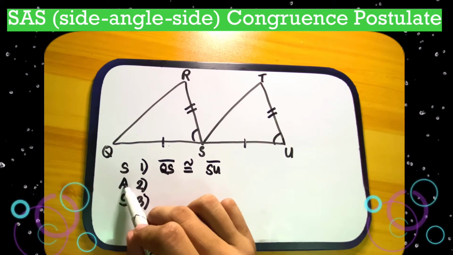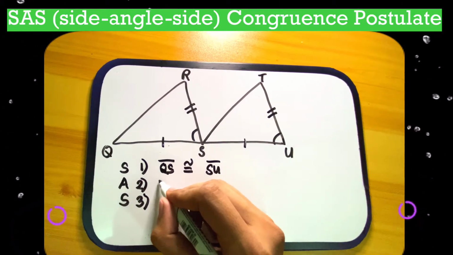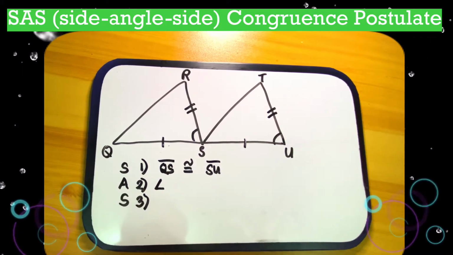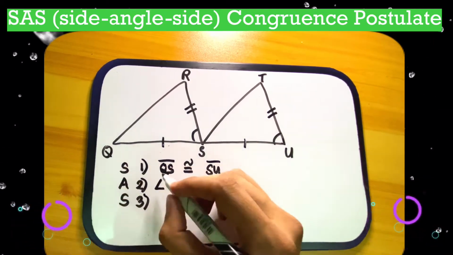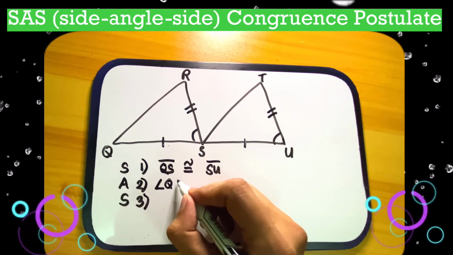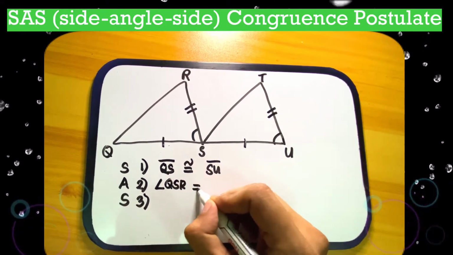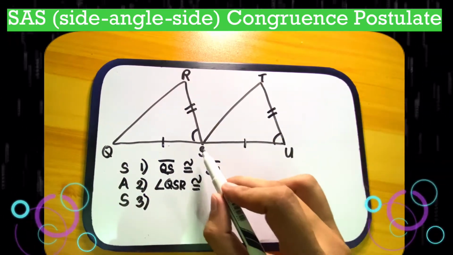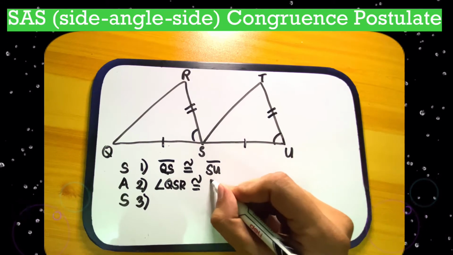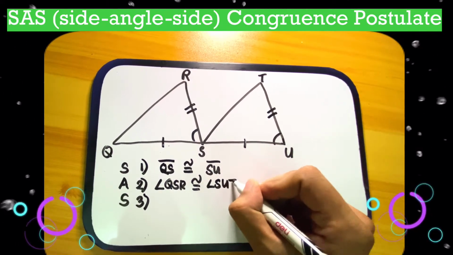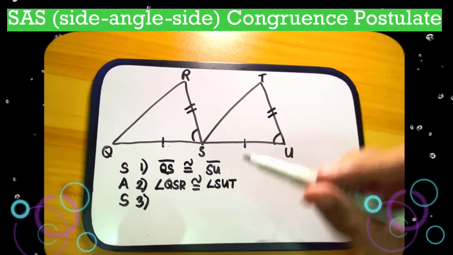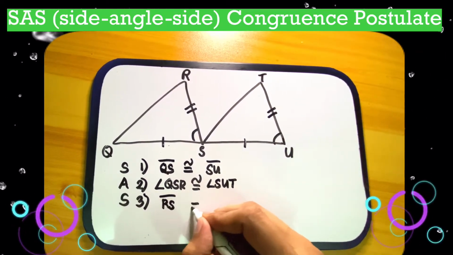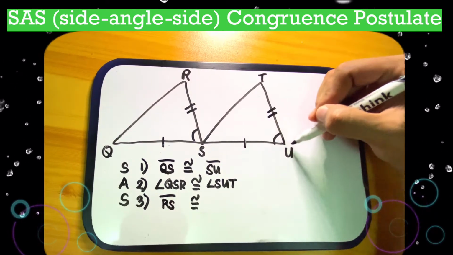Next, the included angle. This time we name the angles in three letters because the two triangles are combined. Angle QSR is congruent to angle SUT. Next side is side RS congruent to side TU.